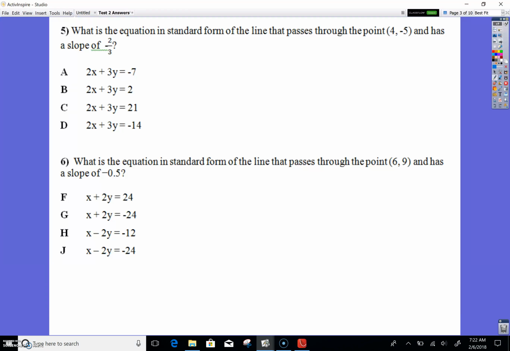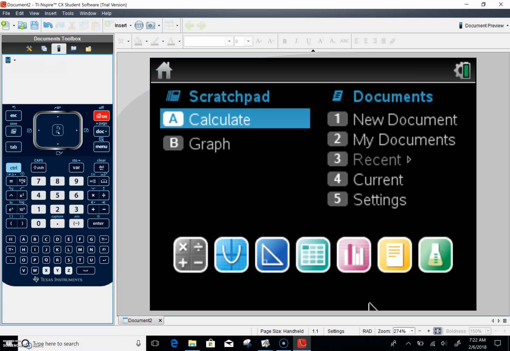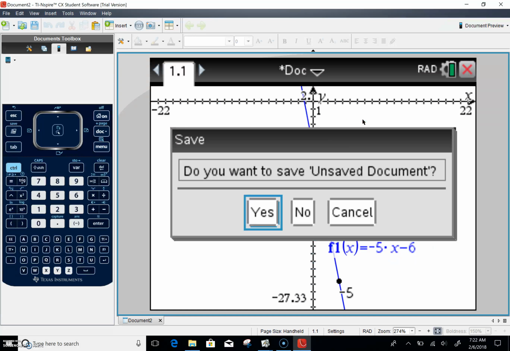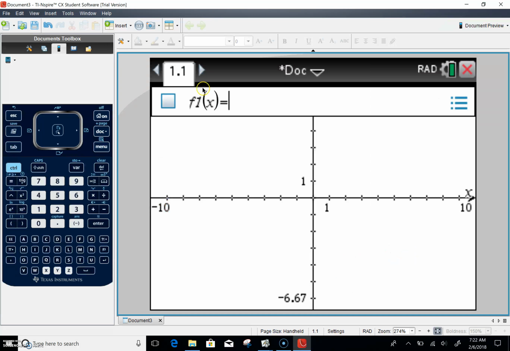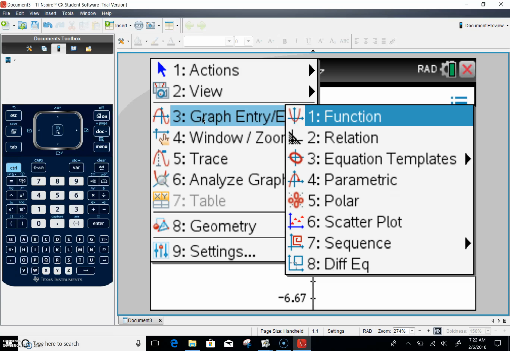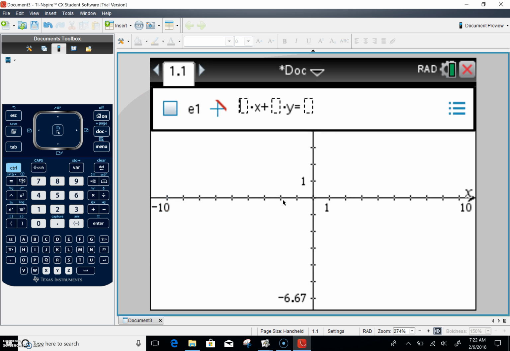Number 5, 2x plus 3y equals negative 7. So I'm going to start with a new document, and add a graph. This is going to be in standard form, so I have to change it to standard form: equation, line, standard.